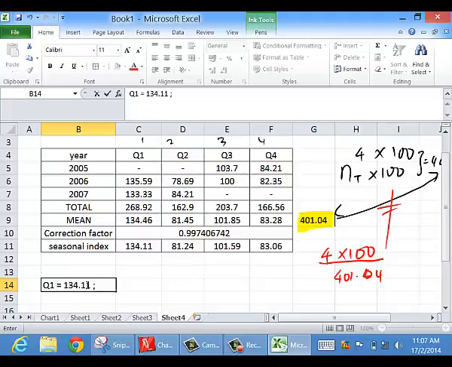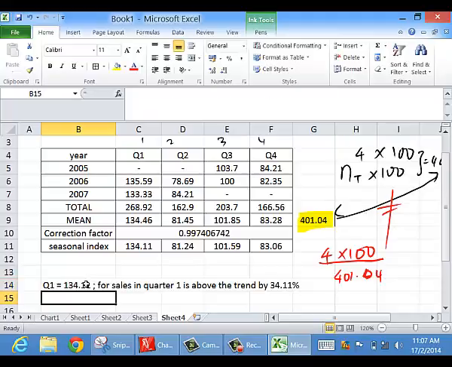It means that for sales in quarter number 1 is above the trend by 34.11%. Boleh ke?